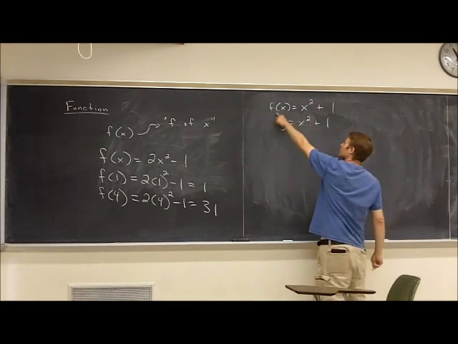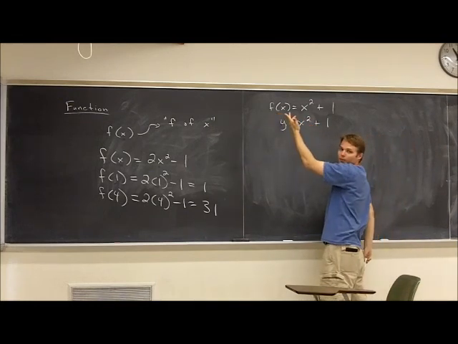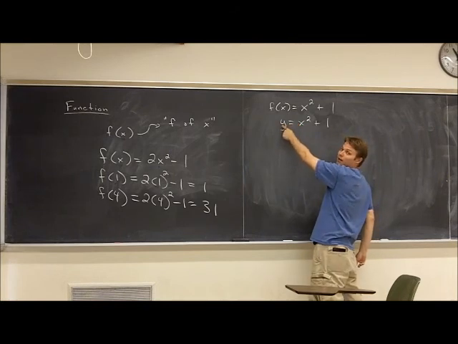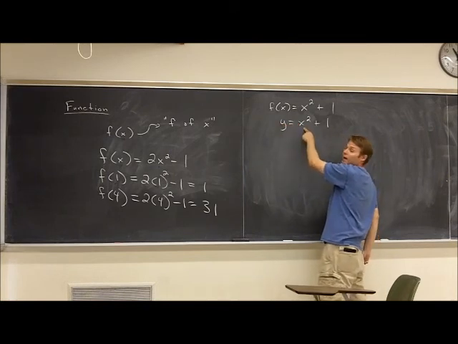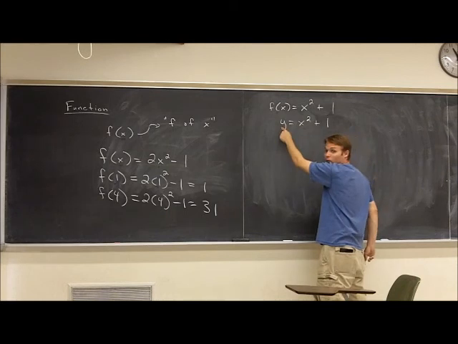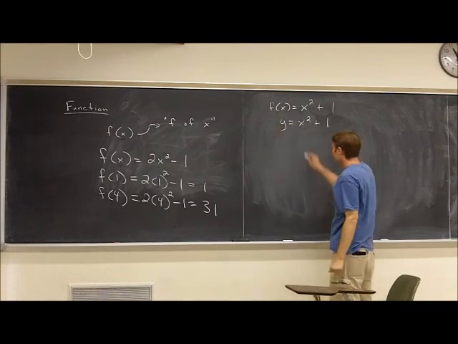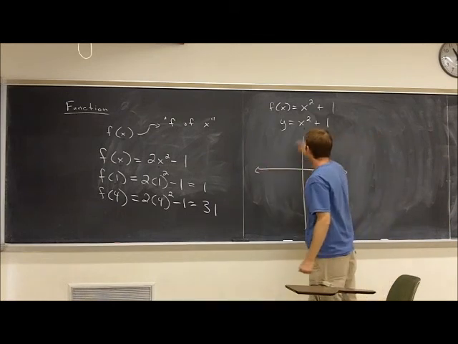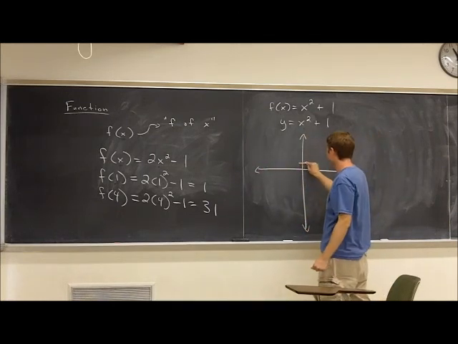A lot of times we can write f of x, but a lot of times in functions you'll just see it written as y. This is basically saying that y is a function of x, where x is the input and y is the output. Well, if you recall, this graph actually looks like this.